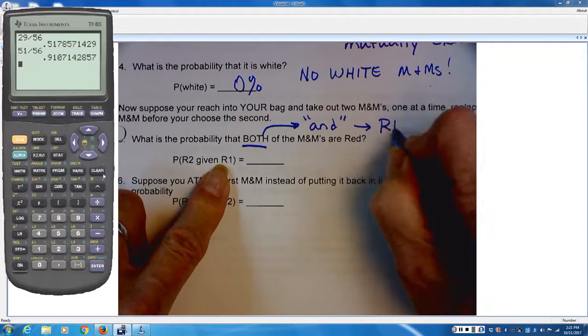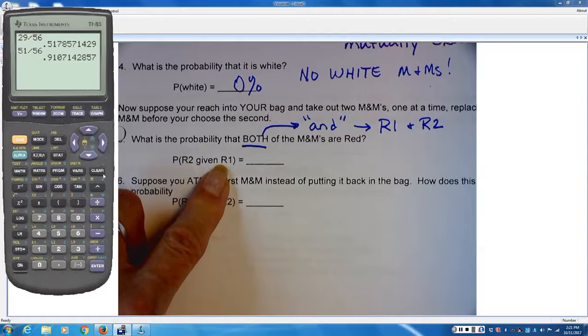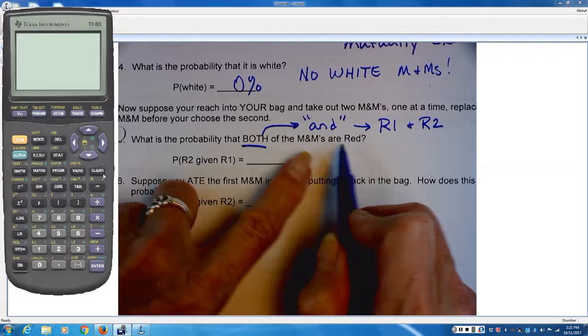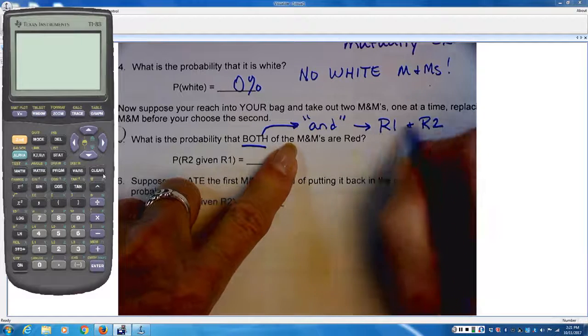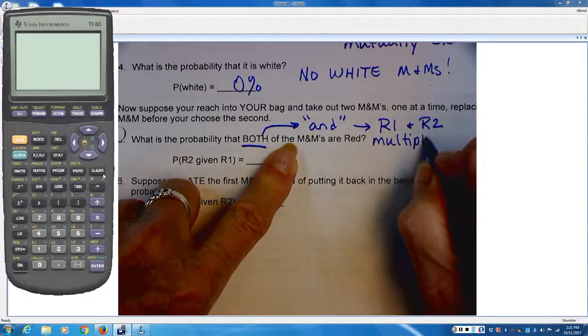The red one and the second red one. It has to both be red. So red number 1, red number 2. If both of them are red, the rule says multiply the probabilities.